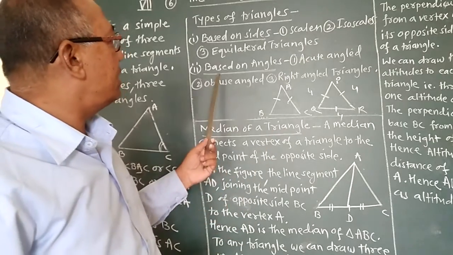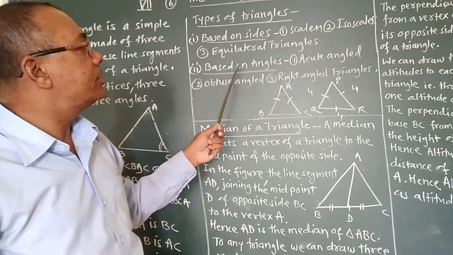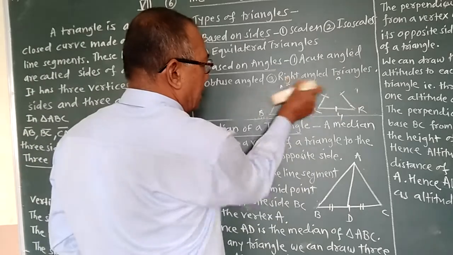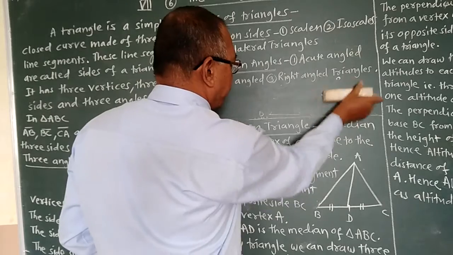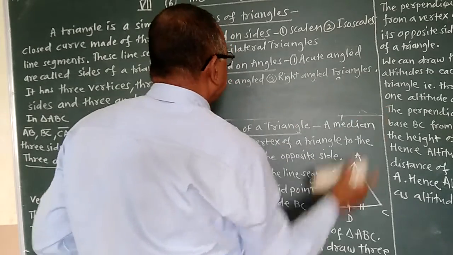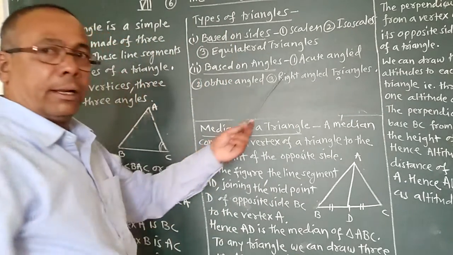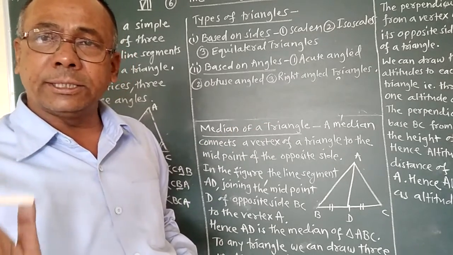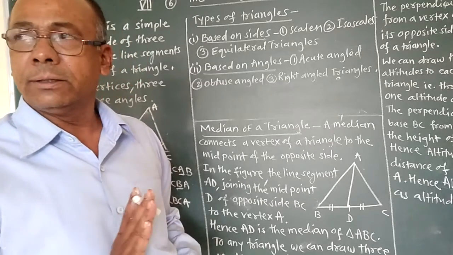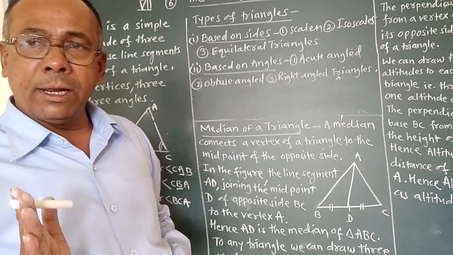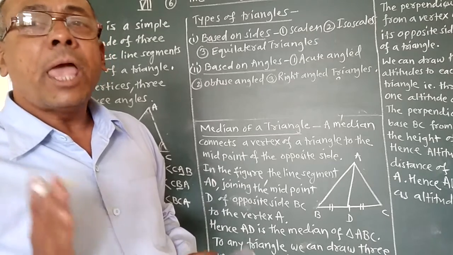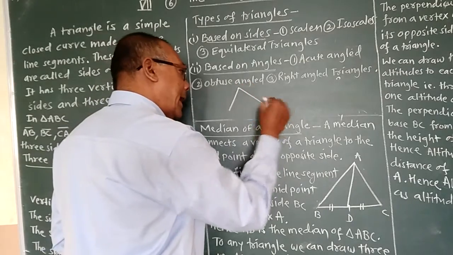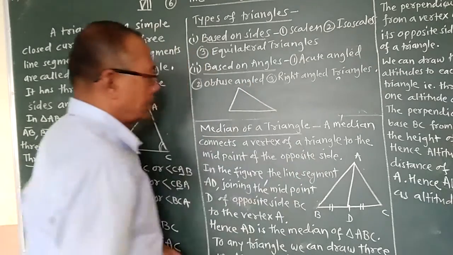Now we will see the types of the triangle based on angles. So first is acute angle triangle. Acute angle means if the measure of the angle is less than 90 degree, then it is called as acute angle. Here it is seen that all the three angles are less.